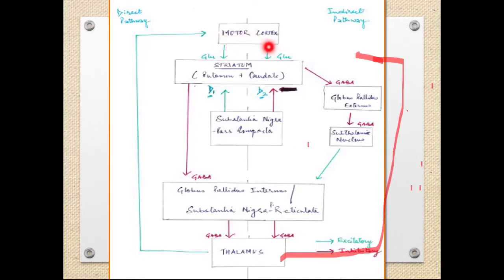By and large we can say from the cortex it goes to the basal ganglia, and from the basal ganglia it goes to the thalamus, and via the thalamus it comes back to the cortex, right? So initially just focus on this pathway. This is the midline. I tried to depict it like this is the other half, this is the first half.